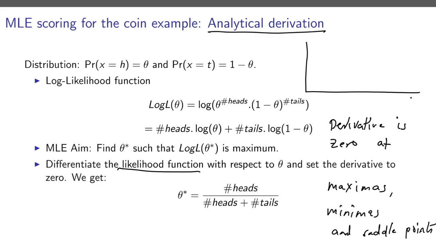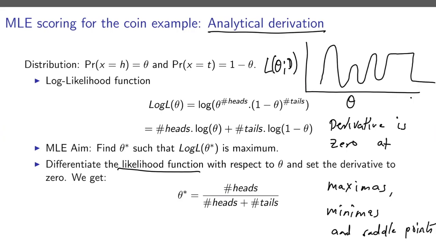To give you an example, let's say you have a parameter theta in one dimension, so only one parameter theta. And let's say you're trying to compute the likelihood of theta with respect to a given data set D, and you plot it and you get something like this. So when is the derivative 0? The derivative is nothing but the tangent line to the likelihood curve.